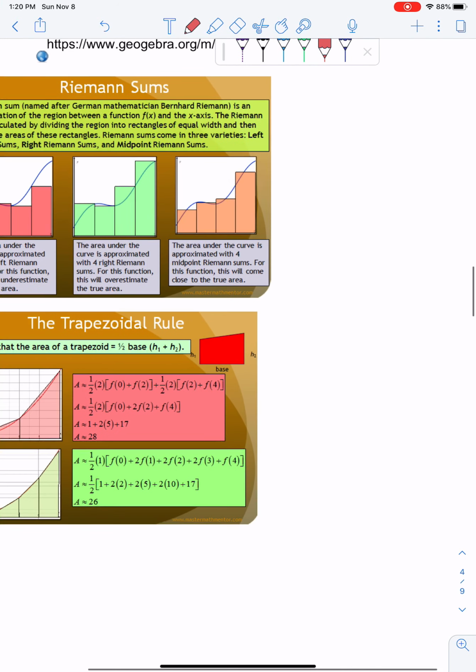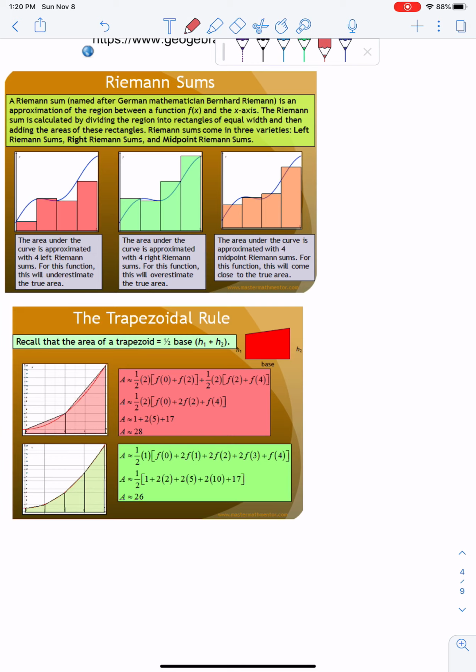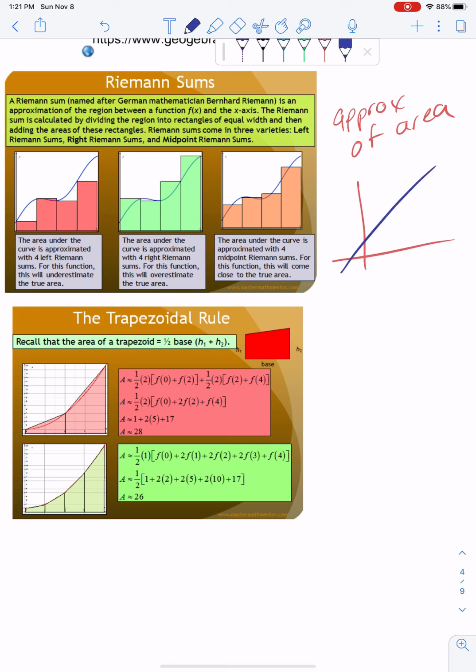Riemann sums. So it's named after a mathematician. Basically, the important information from all of this that you're looking at is that this is an approximation of the area. It's not the exact area, it's an approximation. And basically what Riemann came up with is, because I have this ugly function, I mean, if I had a linear function, which is just a line, right?